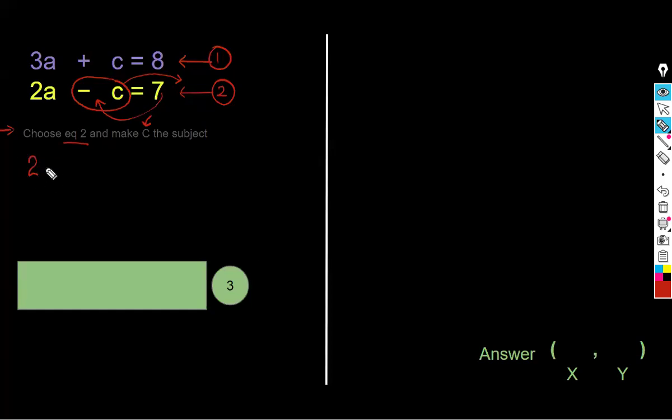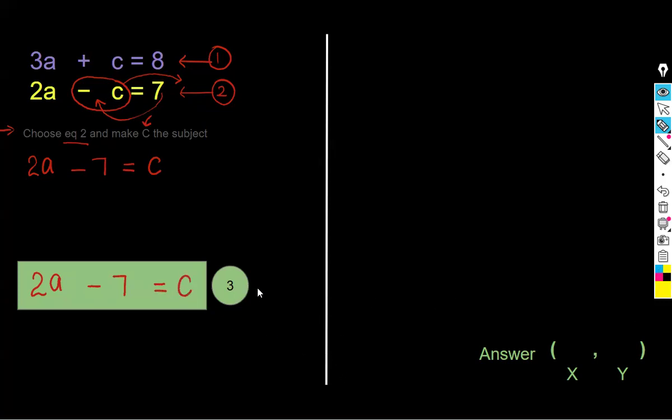So you end up with 2A, the positive 7 goes on this side, and the C goes on the other side. Now, it doesn't matter if you write it the other way, like 2A minus 7 is equal to C. If some of you have it like this, you just switched it around, it's still 100% correct. Okay? So this is what we have for equation 3. Equation 3 is 2A minus 7 is equal to C.